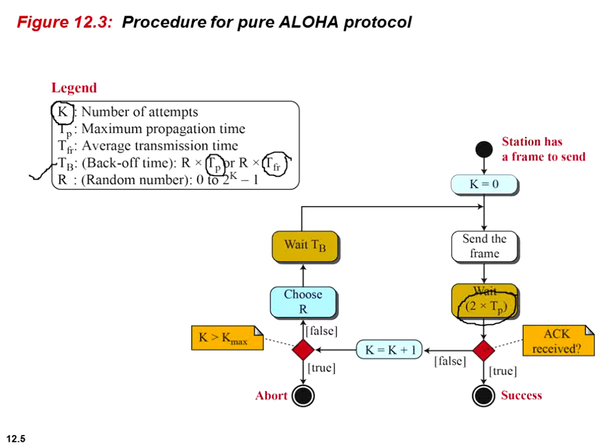In this procedure, the range of the random numbers increases after each collision. The value of Kmax is usually chosen as 15.